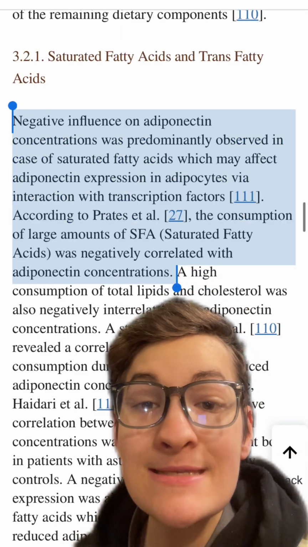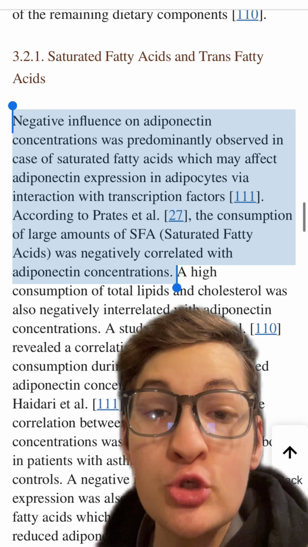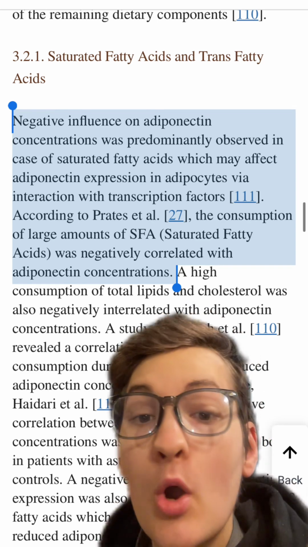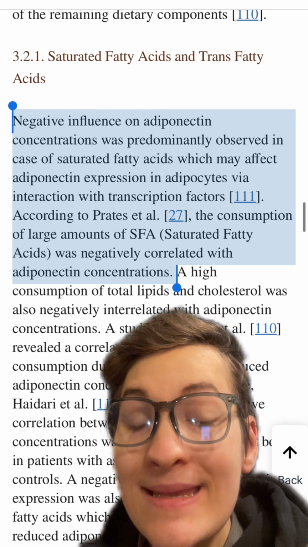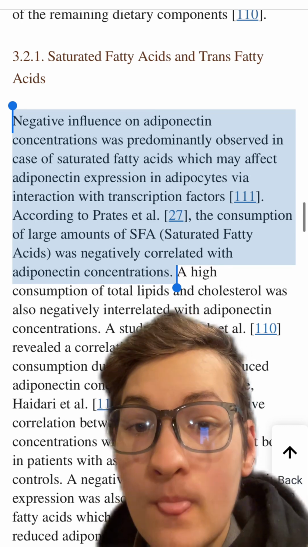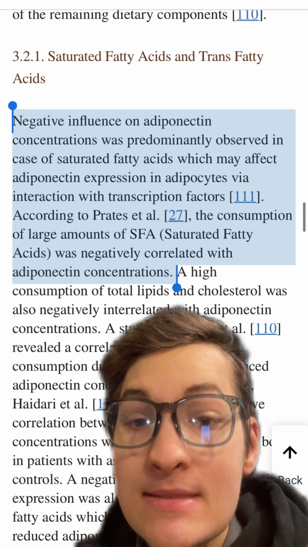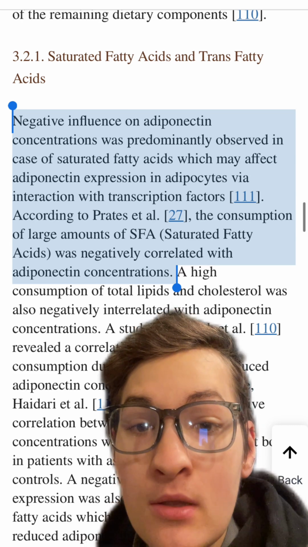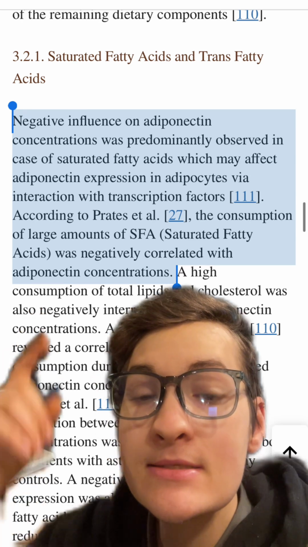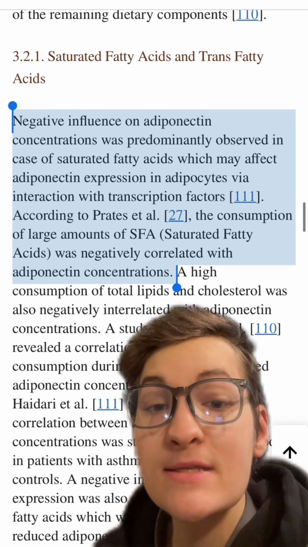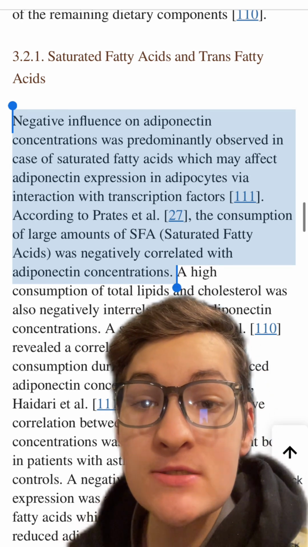Another mechanism is it appears that saturated fats reduce adiponectin levels, a hormone that when released actually increases insulin sensitivity. Therefore, this is a secondary mechanism by which saturated fats can decrease insulin sensitivity, by decreasing this insulin sensitizing molecule that is actually directly produced by the fat cells.